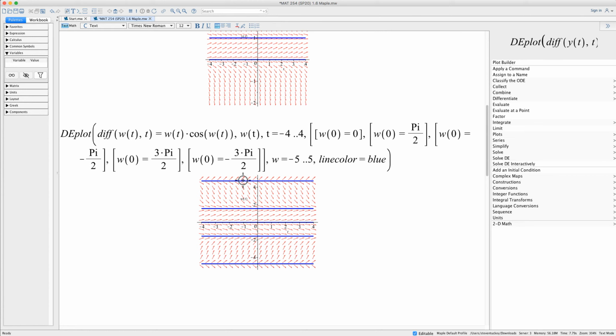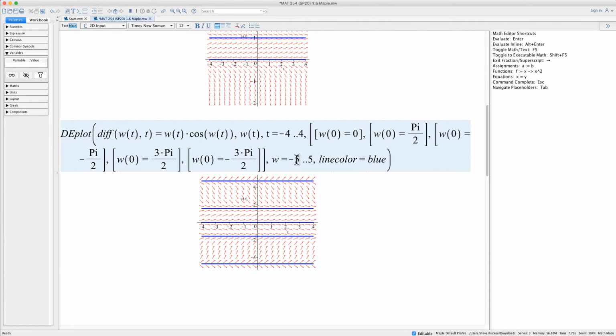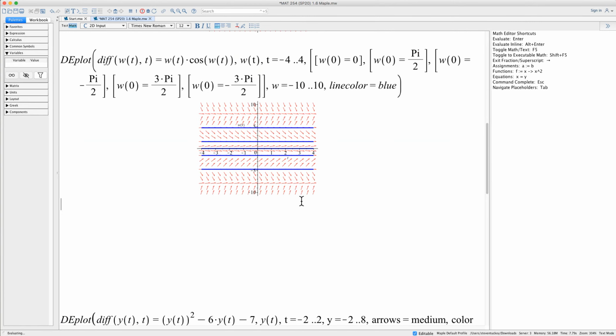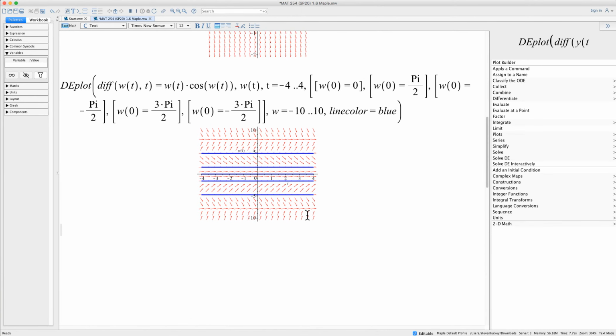And just as the phase line would predict, we start off in the middle with what appears to be a source, and then above and below that is a sink, and then above and below those are sources, and we can verify the pattern continues. If I were to stretch this out even further, go out to like 10 to negative 10 in the vertical direction, we would see a series of alternating sources and sinks.